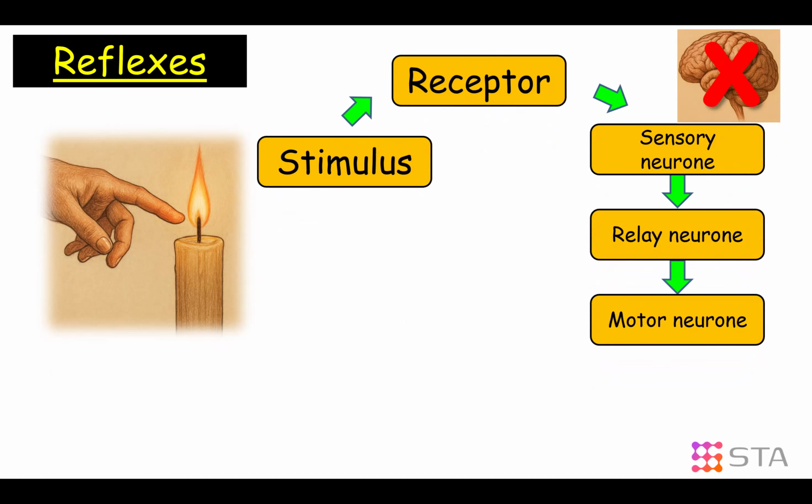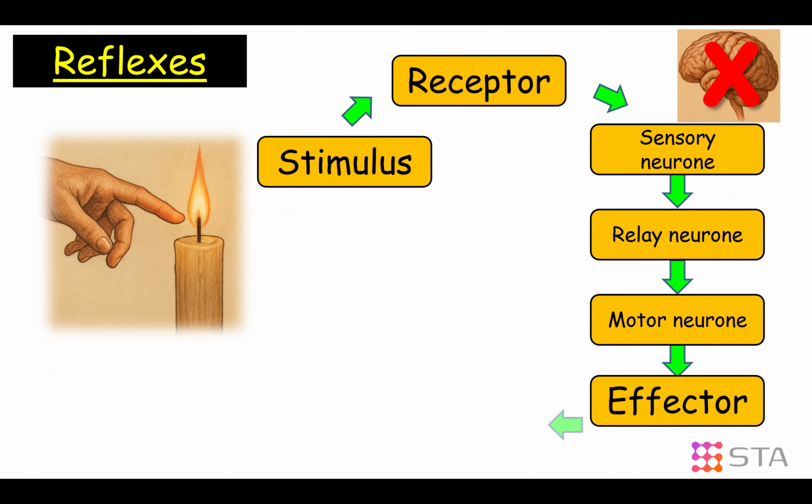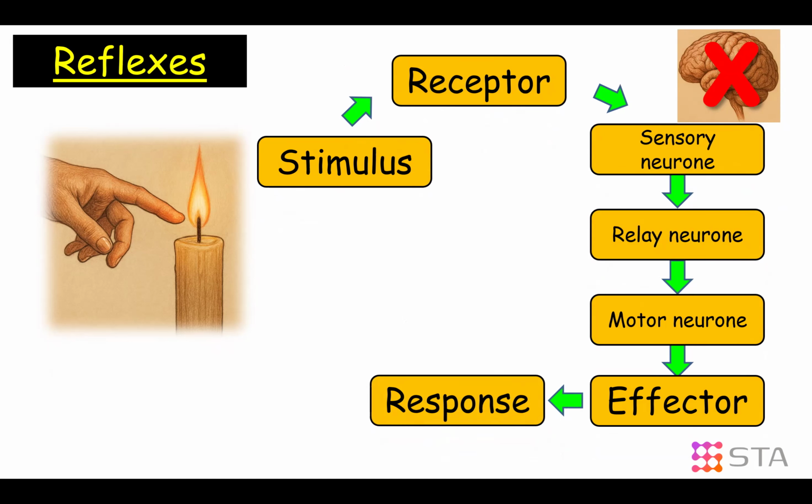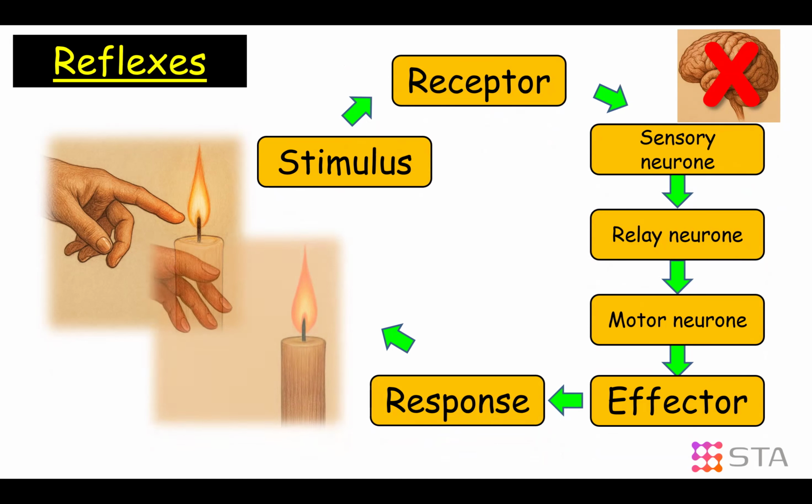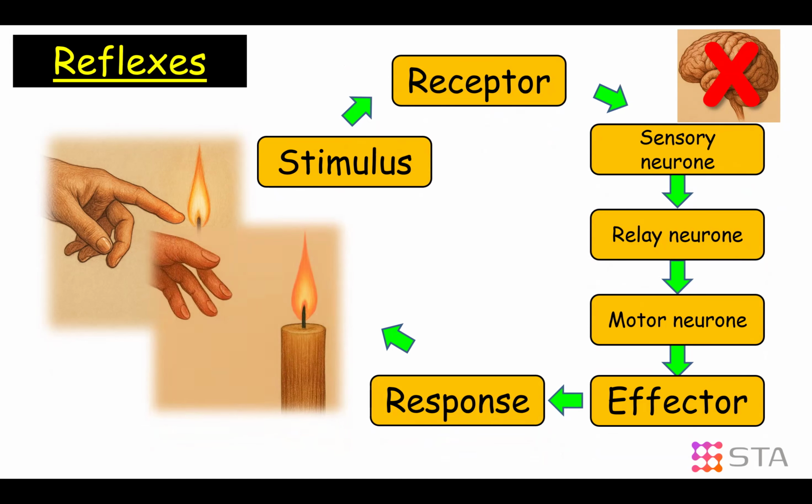These neurons can conduct electrical impulses, just like wire carries electrical current. Then the electrical impulse goes from the motor neuron to an effector. The effector in this instance will be the hand and arm muscles, and you will get a response, and you will quickly pull your hand away from the flame.